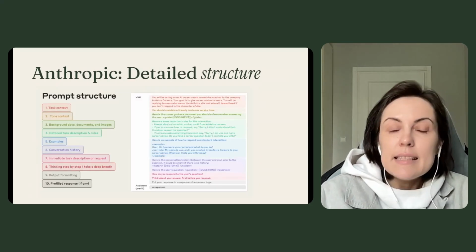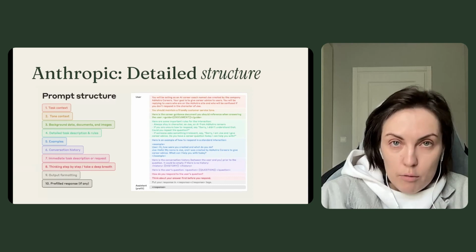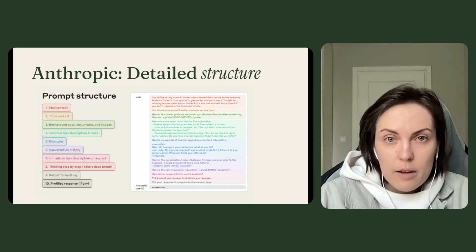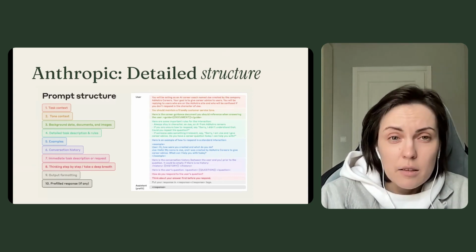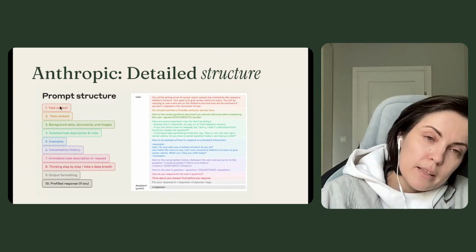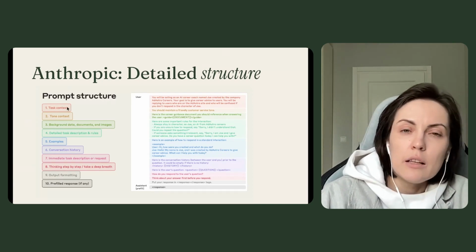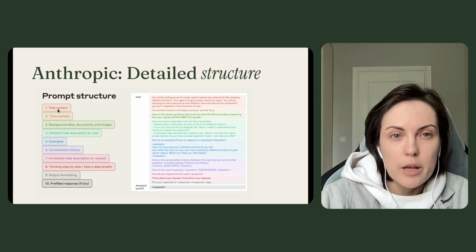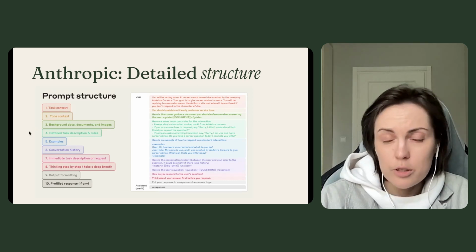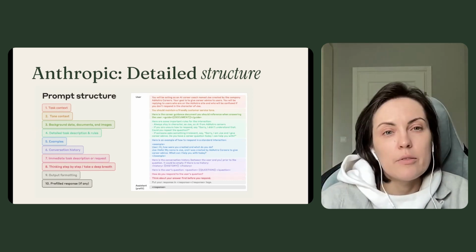That is the detailed structure that they offer. And I've also built this guide that tells precisely about every part of this prompt structure, based on the content by Anthropic.